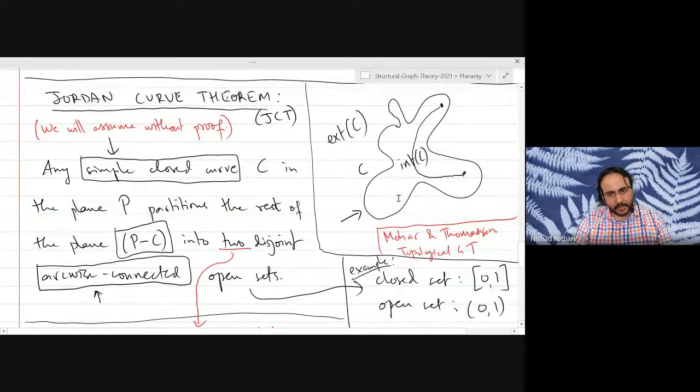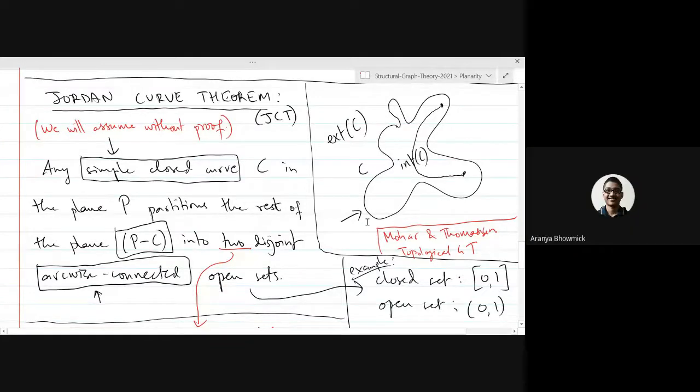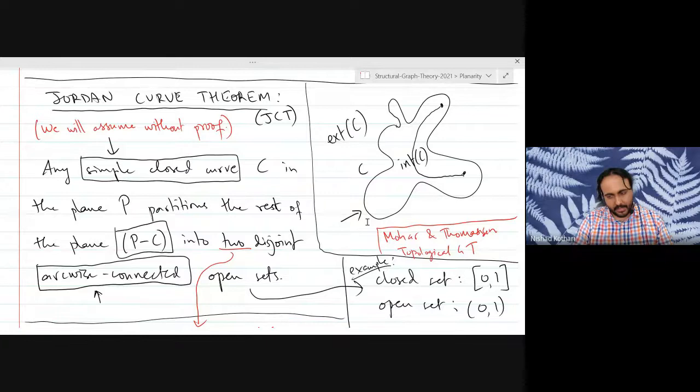Typically, in most sources, you will see a proof using Euler's formula. I know a proof that K5 is non-planar, but I do not know whether the proof I know uses Euler's formula. We will also see that later.